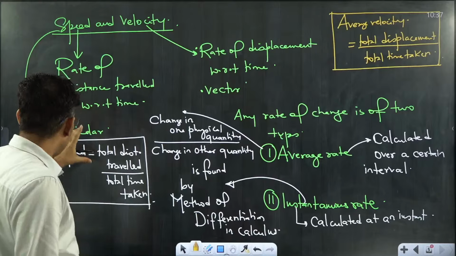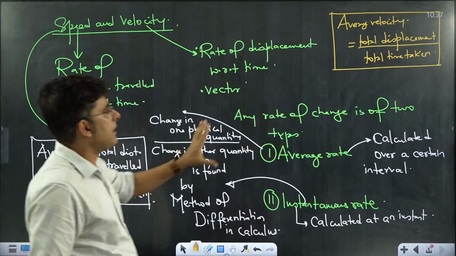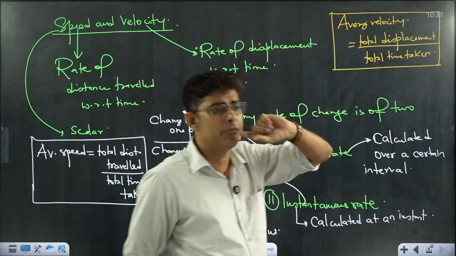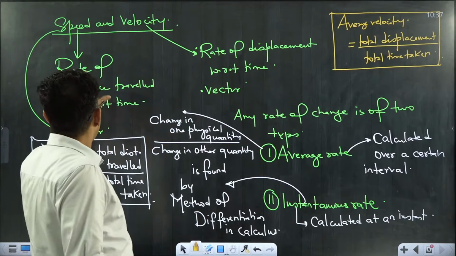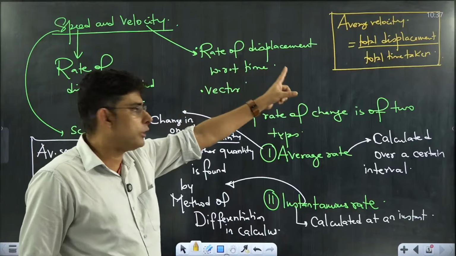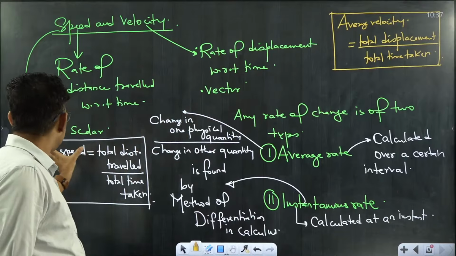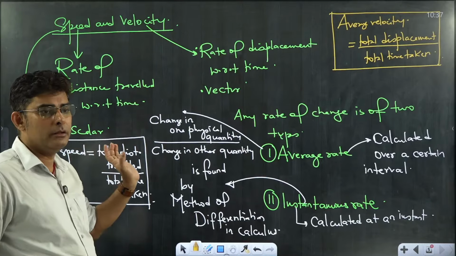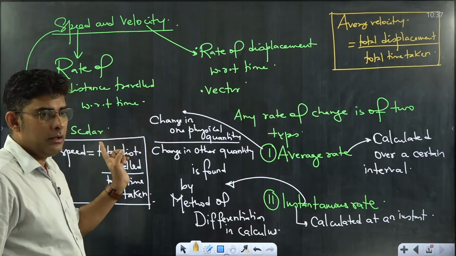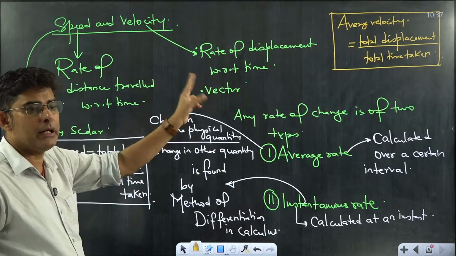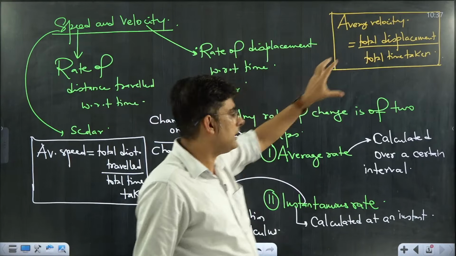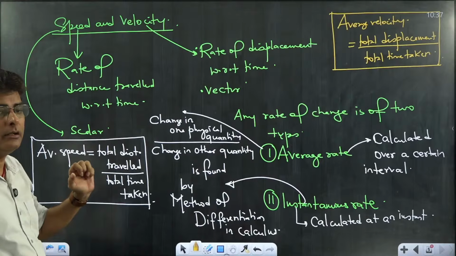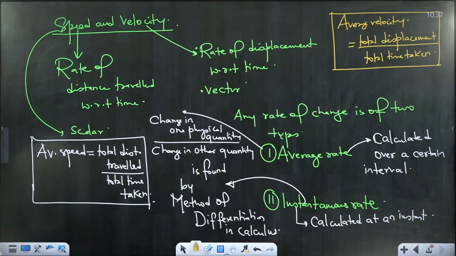So here, average speed, average velocity. Now, once we say total distance by total time and total displacement by total time, let's quickly take again a small response from all of you. Can anyone say what will be the relation between the magnitude of average velocity and average speed? Will they be equal or will they be unequal?